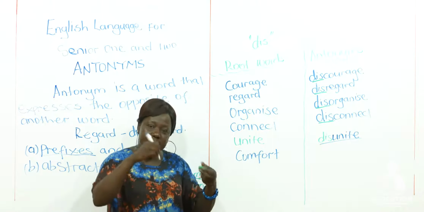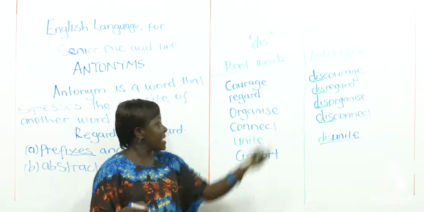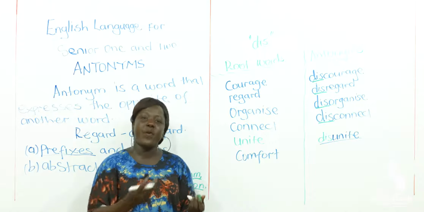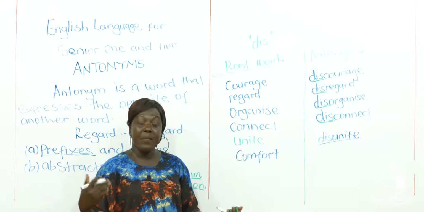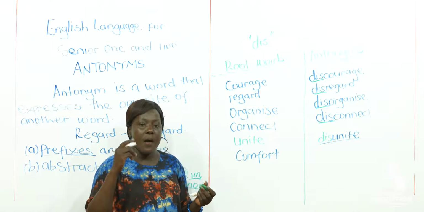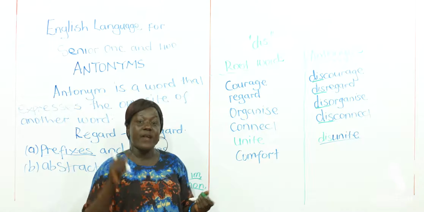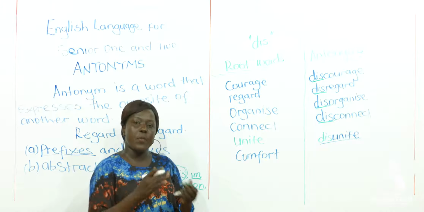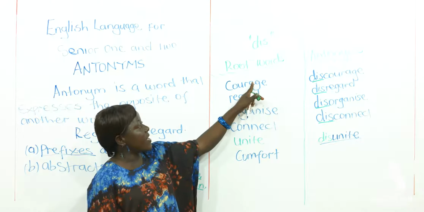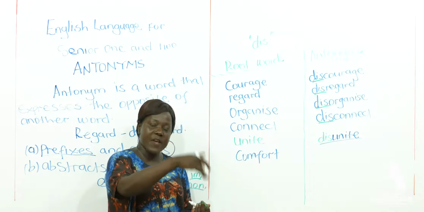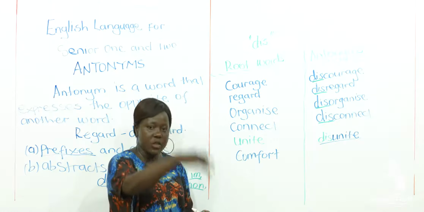Pre mean before. Pre just mean what is before something. For instance, prehistory. You remember prehistory was that period when humans were not writing. They were only narrating oral stories. So that's what we call pre. Even in the formation of opposite, we have what we call prefix, fixing before the root word.